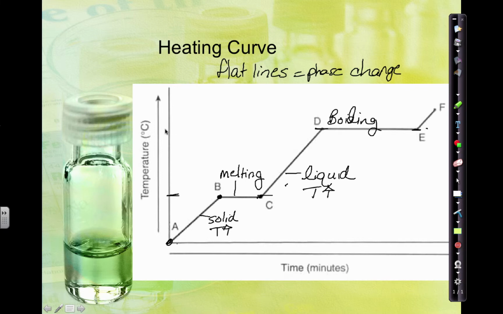So this would be the boiling point of that substance and also the condensing point. It's the same temperature, it just depends on what you're doing with the energy as to where it's going to go. And then right here from E to F, that should be when I am at a gas, and the temperature will be increasing here as well.